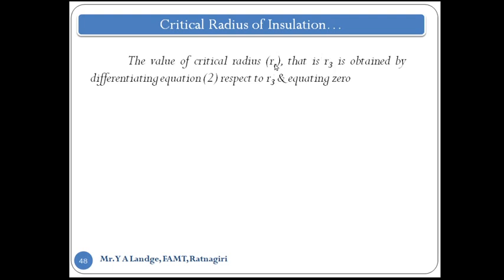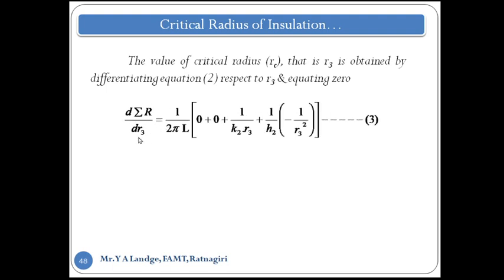R3 is obtained by differentiating equation 2 with respect to R3, because we are varying R3, and equating it with 0.